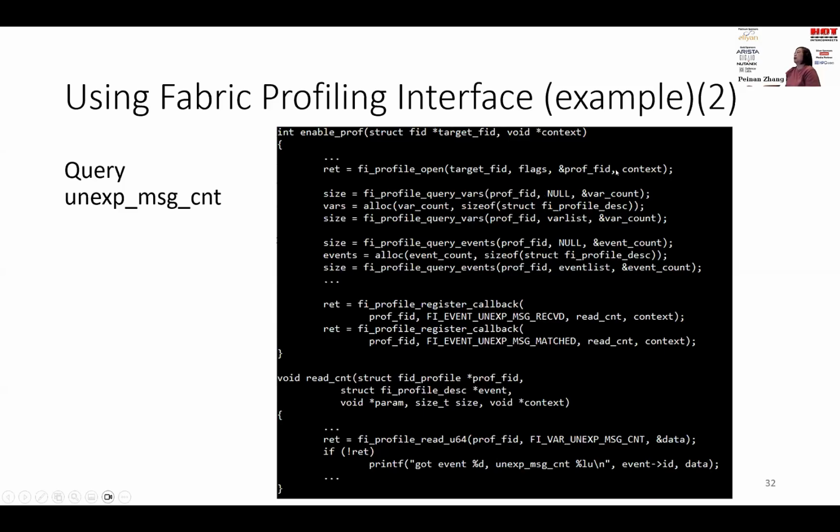After we get the profile object back, we use the query variables API to get the number of variables and a list of variables. We do the same thing for events, and we can check whether the variables and events we want are available.